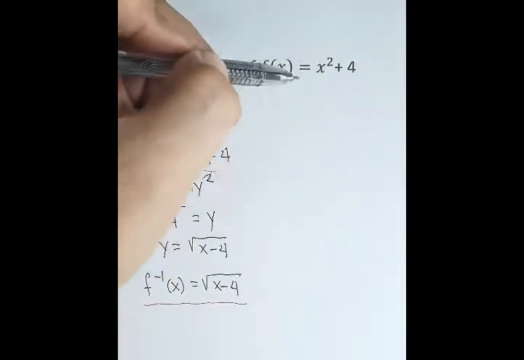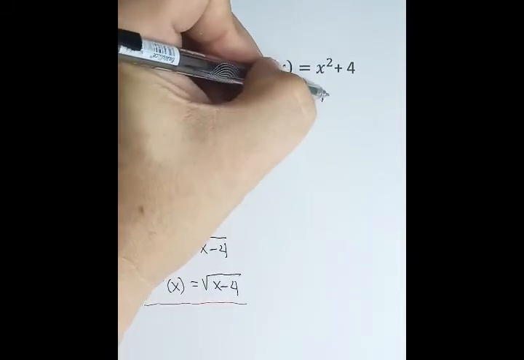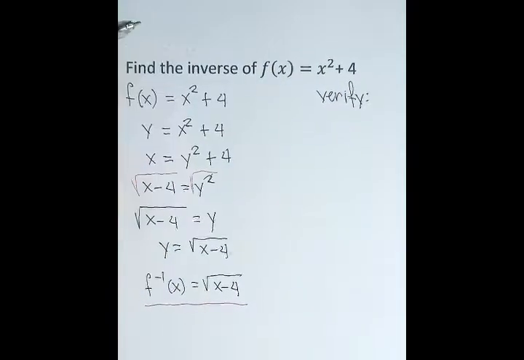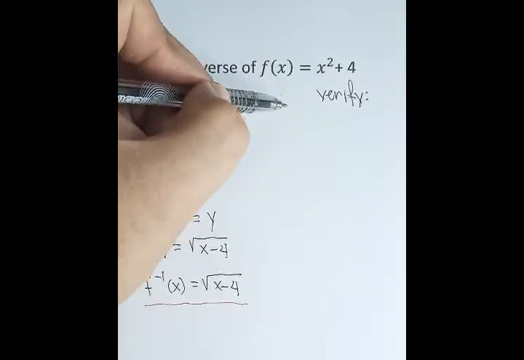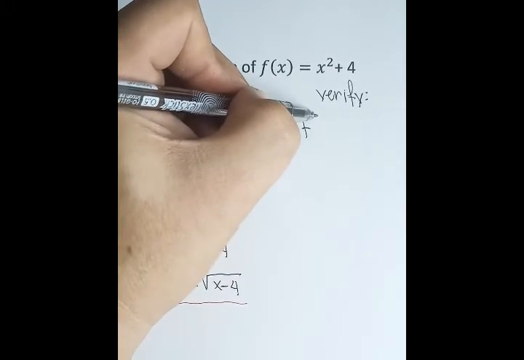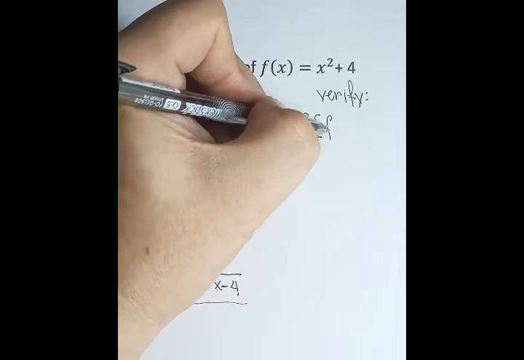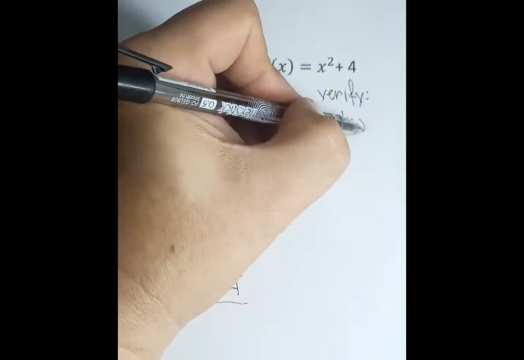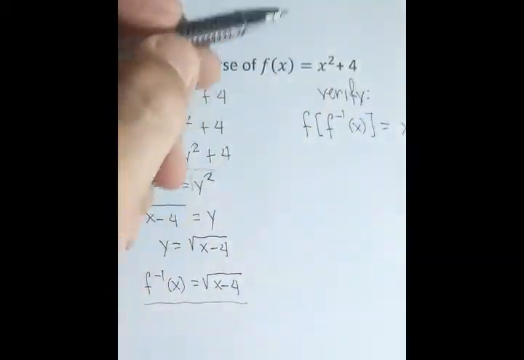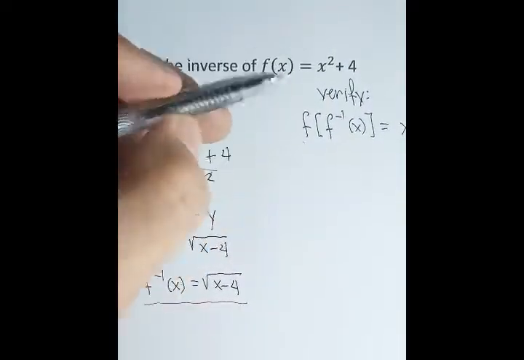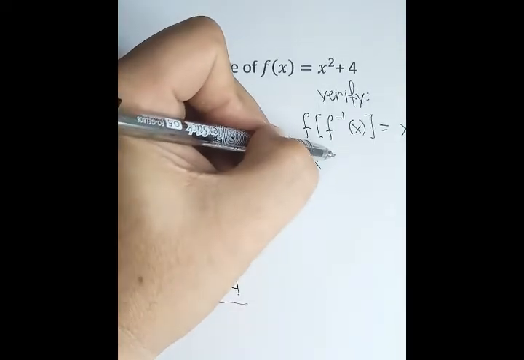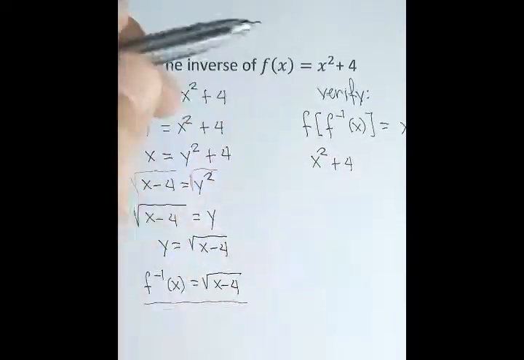Okay, let us verify. So for verification, kinahanglan nga ang function of the inverse kinahanglan mo equal siya og x. So atong i-rewrite ang atong original nga function, x squared plus 4.